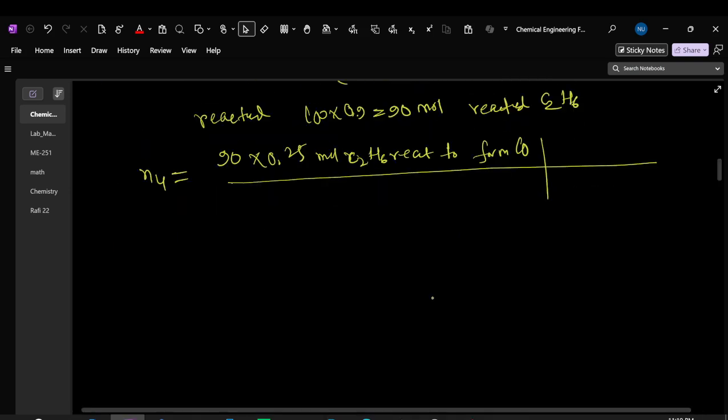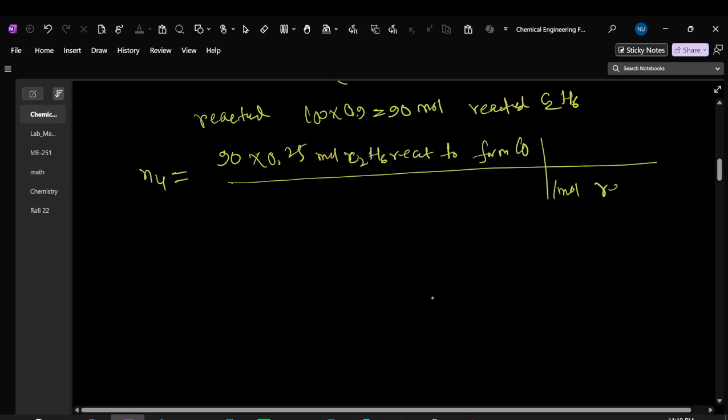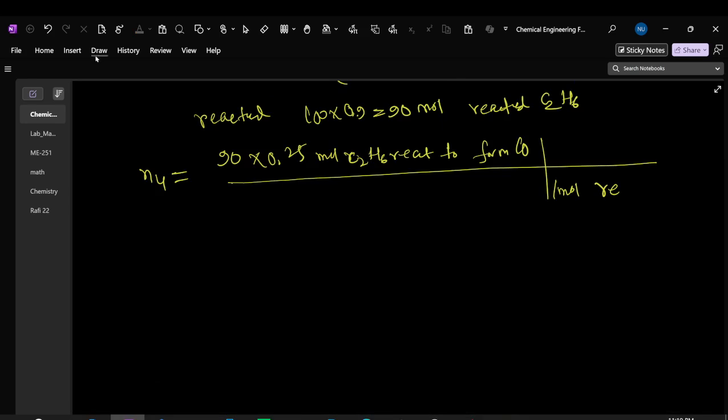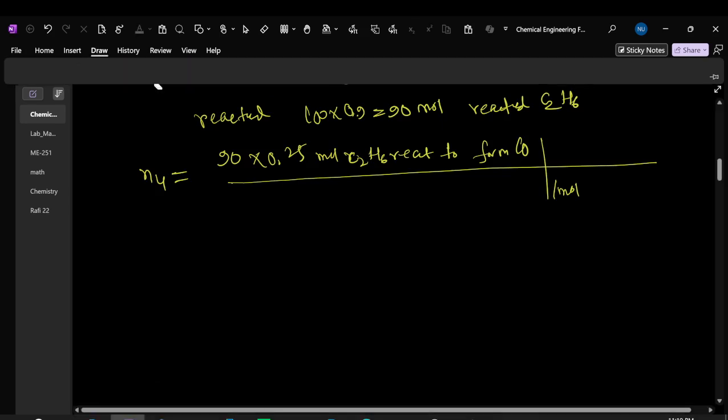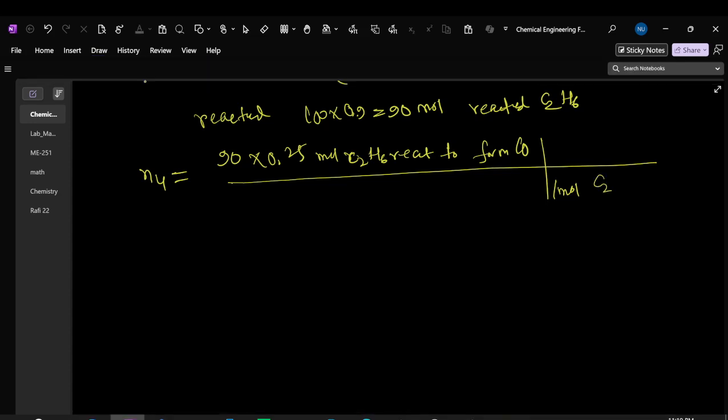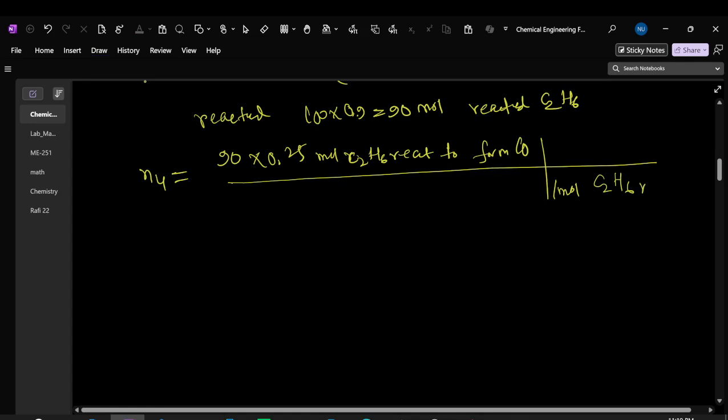So for 1 mole C2H6 reacted, 2 mole carbon monoxide is generated. So N4 will be, by this calculation, 45 mole carbon monoxide.